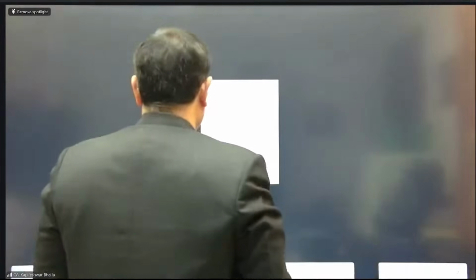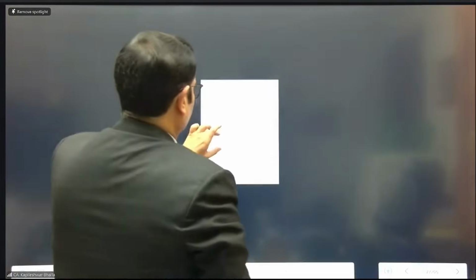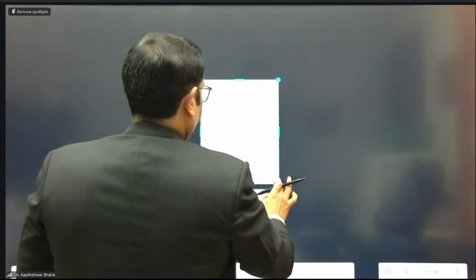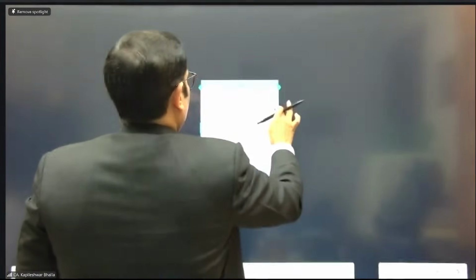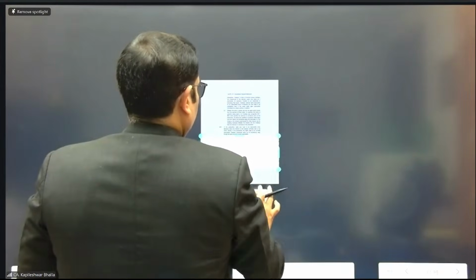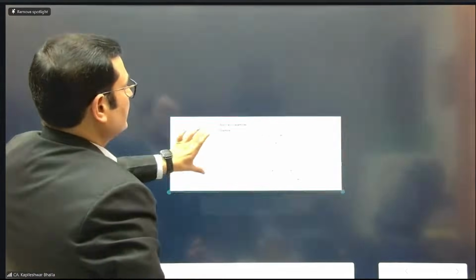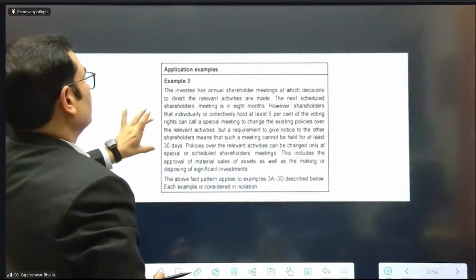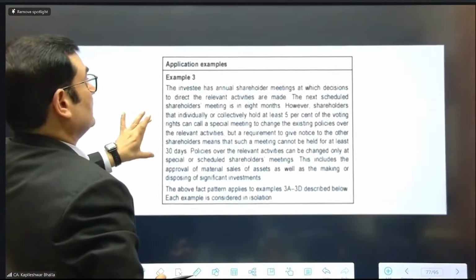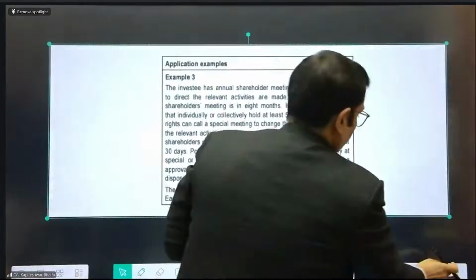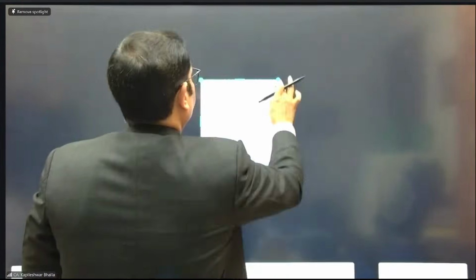Okay, here we have example number 3, which is given in the appendix to the standard. So there are some common facts which are given for example number 3. These facts are common in terms of all the 4 combinations which we're going to look at. So let me just crop this up as well.